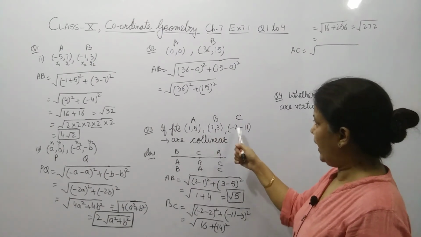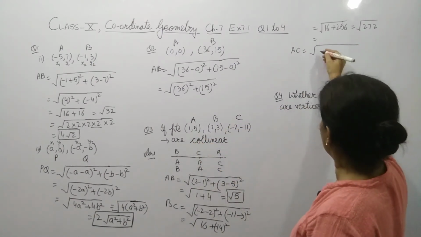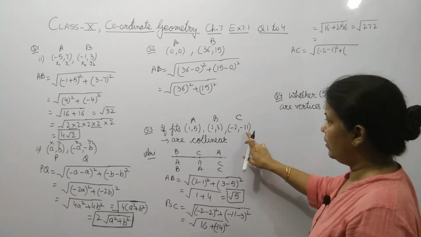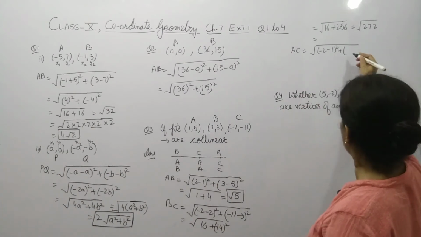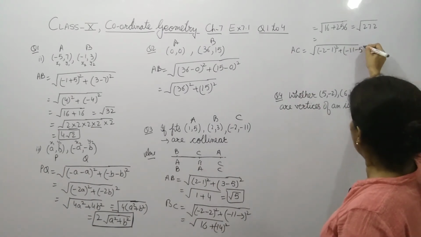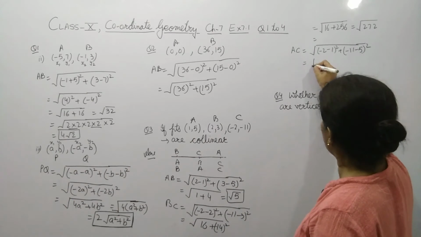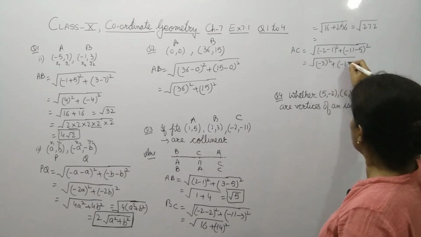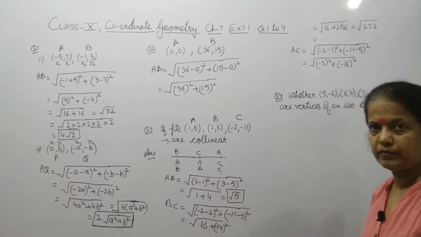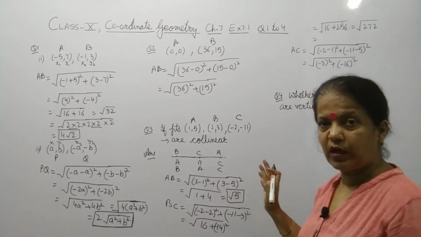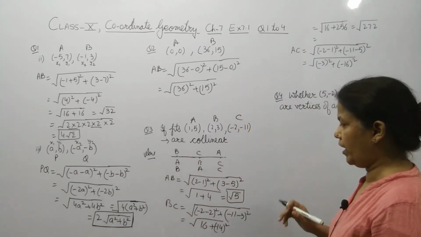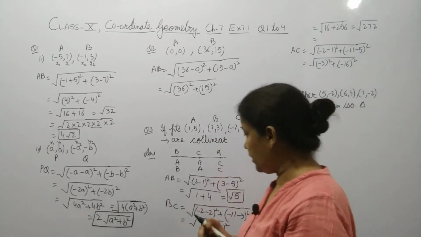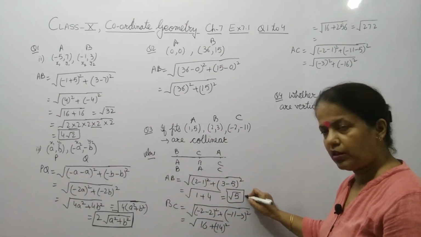Same procedure, x2 minus x1 square, 2 minus 1 square plus y2 minus y1, minus 11 minus 5 whole square. So this is equal to minus 3 whole square plus minus 16 whole square. Now solve this one also yourself. अब आपको क्या देखना है, after pairing it, after making the factors, आप सबका answer निकाल लेंगे in this form.